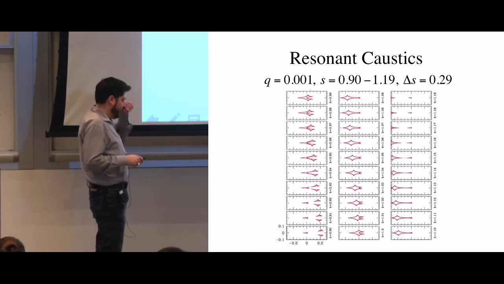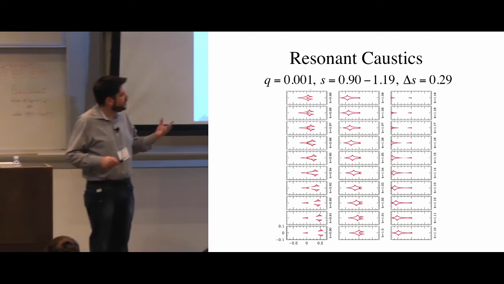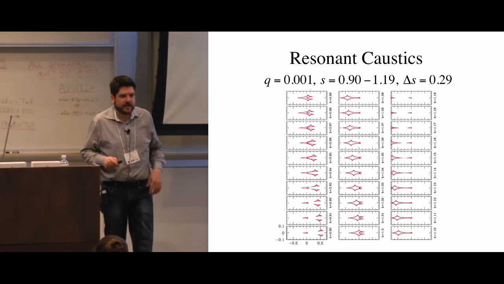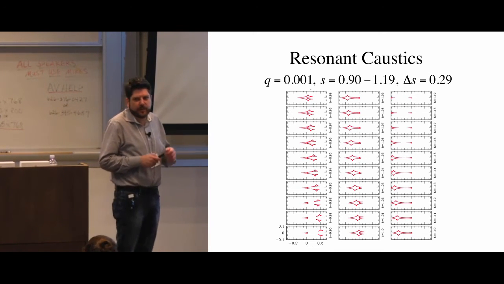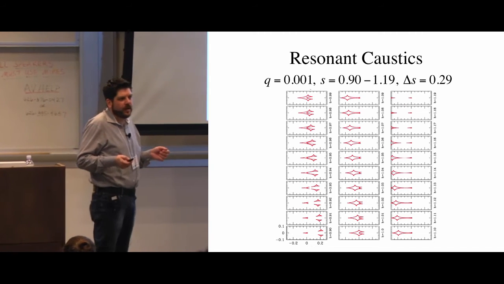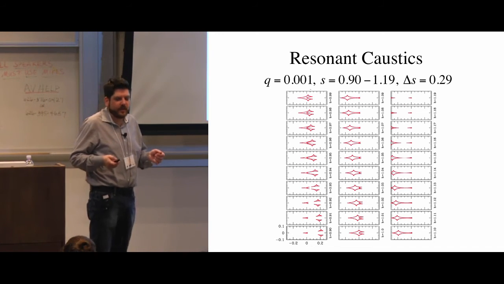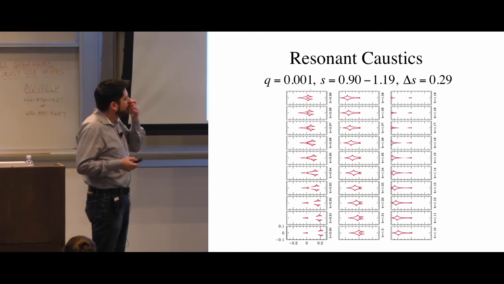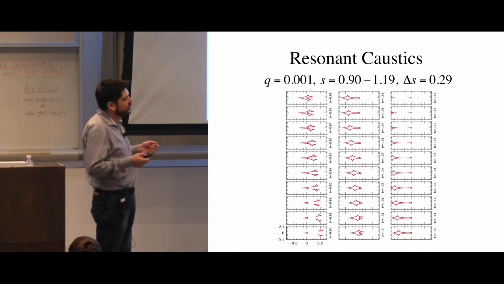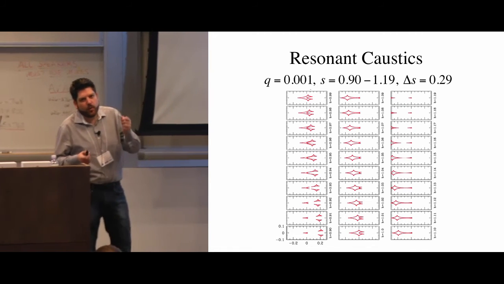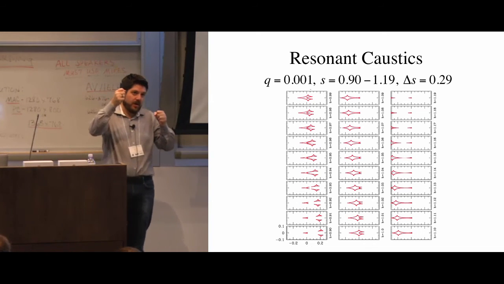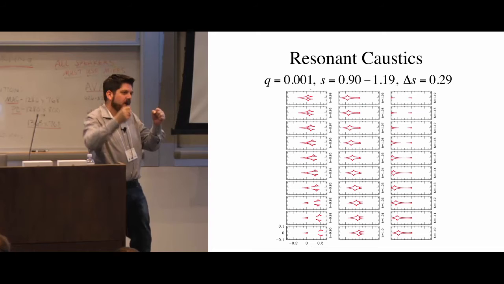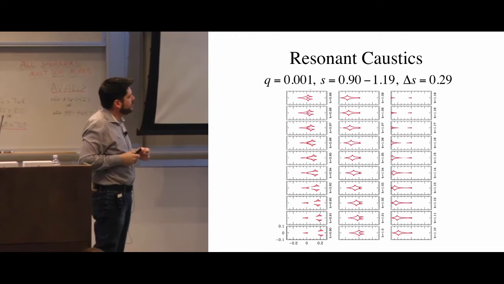What does that mean? Well, that means that your light curve morphology is going to depend very sensitively on S. But really interestingly, that means that orbital motion of the planet for resonant caustics can have an enormous effect. Even small changes in S can lead to large changes in the morphology, so small changes in the position of the planet relative to the star in separation can cause large deviations.